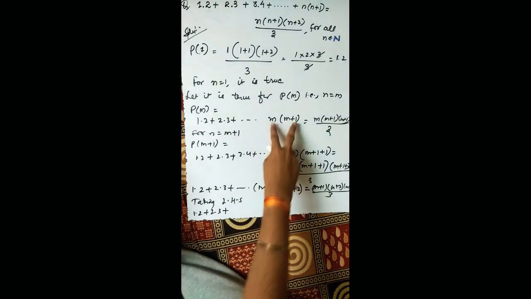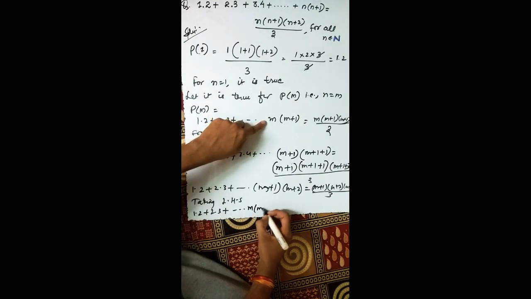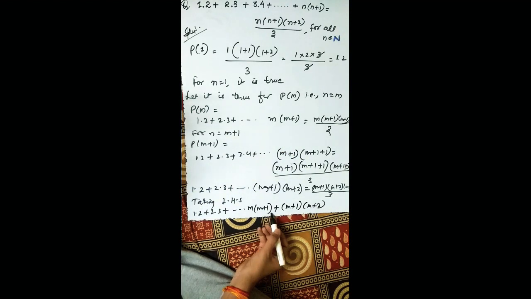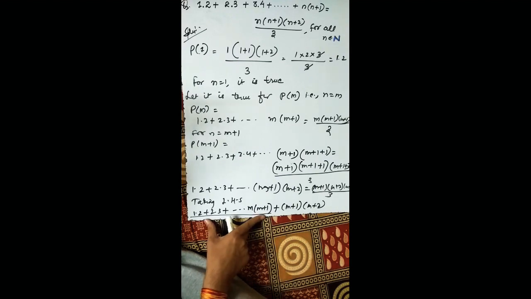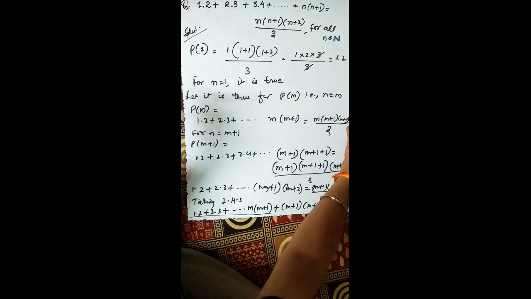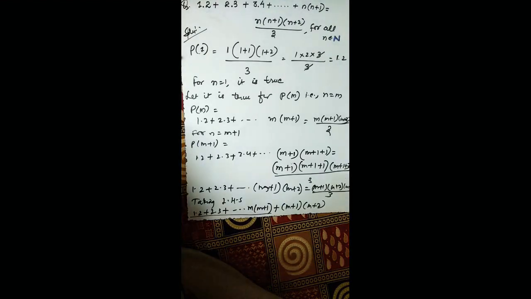So the preceding value is m plus 1 plus this. In place of this step, what can we write? m plus 1, m plus 2 upon 3. So just write it.